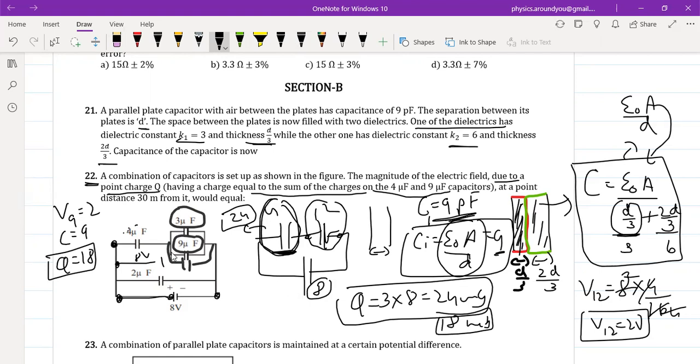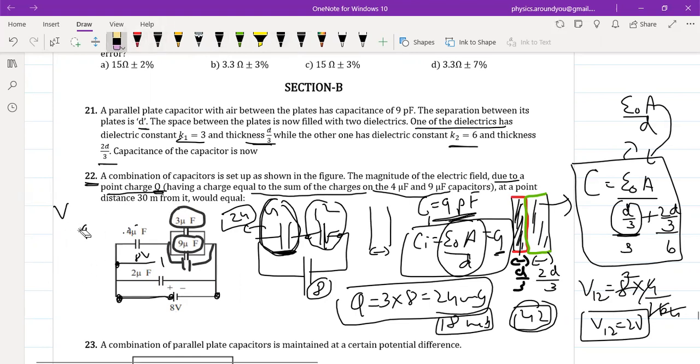Now what is the sum of the two charges? Sum of the two charges is 24 plus 18. 24 plus 18 is 42. And this 42 is exactly what they need. The capital Q charge is the sum of the individual charges, 24 plus 18, which is 42.